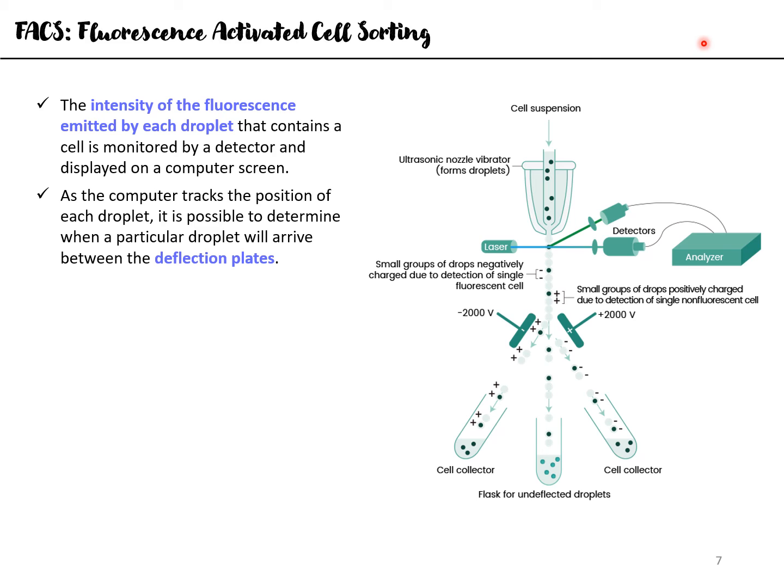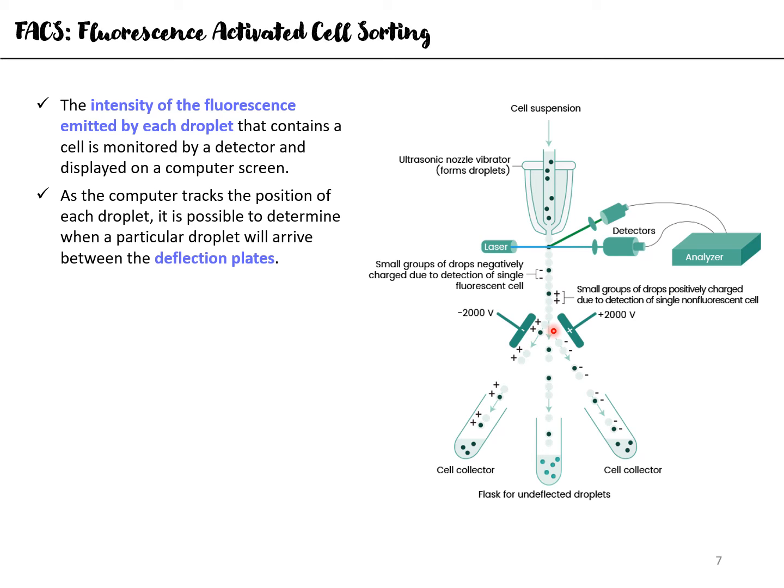The computer knows the speed at which the droplet is passing, and the distance from this point to the deflection plates. So the computer can monitor exactly when a particular droplet that passed here will reach here.